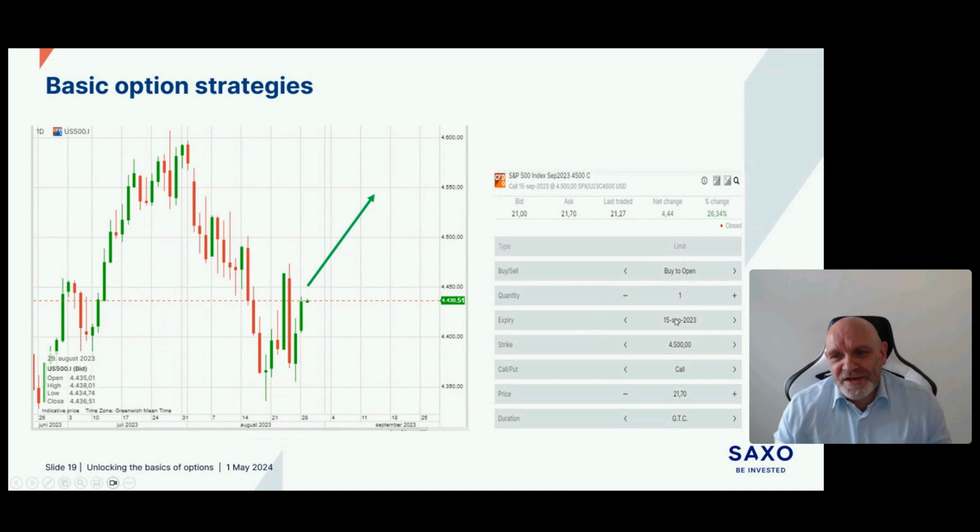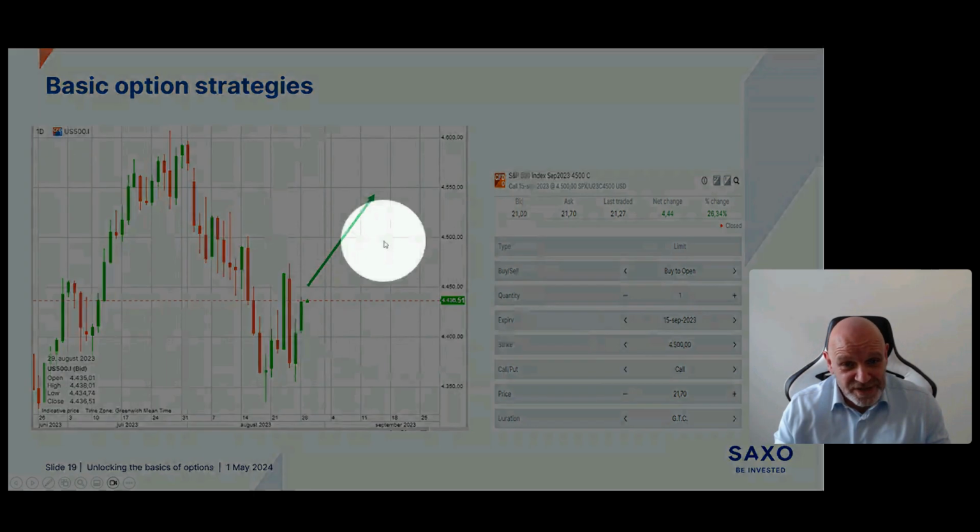You buy to open one option, and one option entails 100 underlyings. In this case, it would mean you buy 100 times the price of one, meaning the strike price is 4,500.